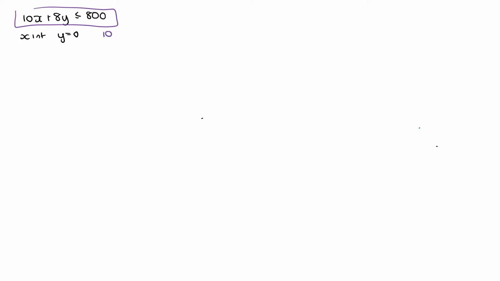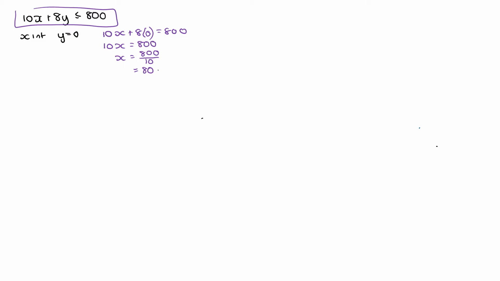We're going to write it as just an equality, 10x plus 8y is equal to 800. And we're going to set y to be 0 and solve for x. So now we have 10x is equal to 800. x is equal to 800 divided by 10, which is going to give us 80. So the x-intercept is where x is equal to 80.